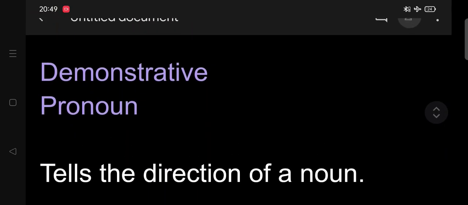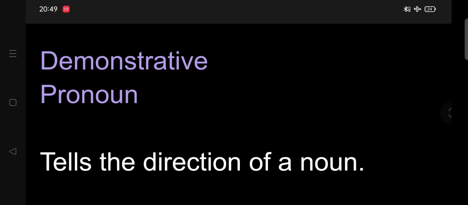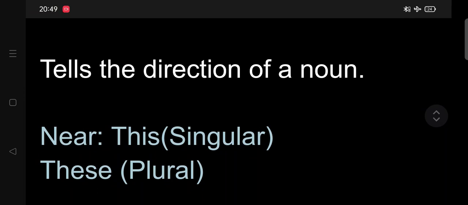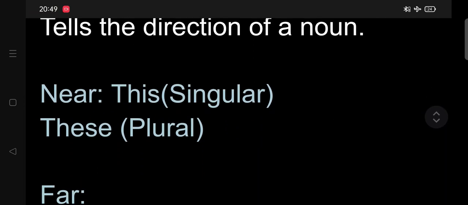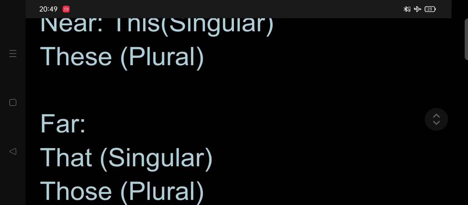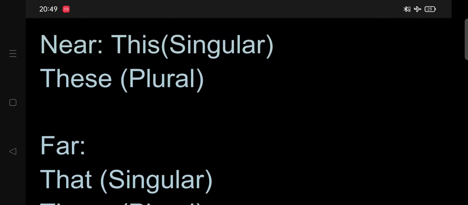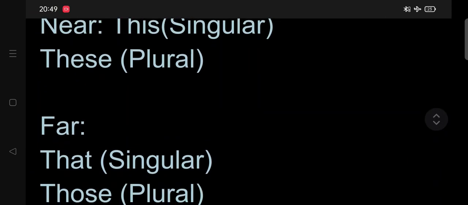Demonstrative pronoun tells the direction of a noun. That means where is the noun. Let's see. Demonstrative pronouns are this, that, these, those. Now I have segregated it in two parts. Near and far.